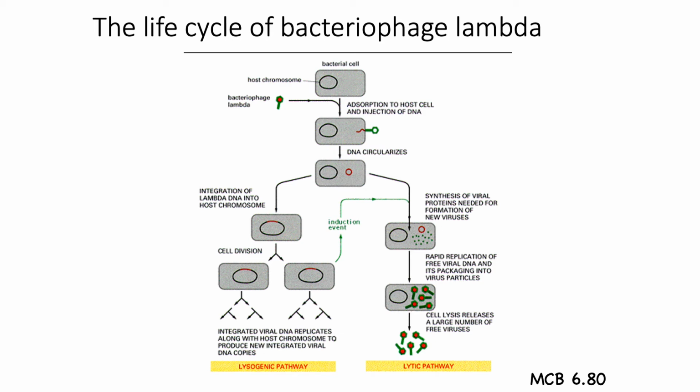It will recombine out of the host chromosome and go through the lytic pathway where it replicates itself, makes all the proteins that are needed for packaging the viral DNA into a viral particle, and then it will lyse the E. coli cell, releasing viruses that will go out into the world and find a new host.